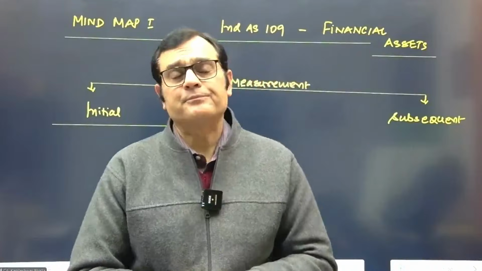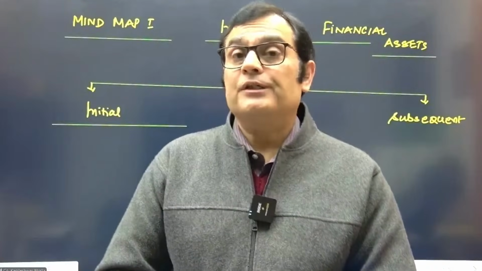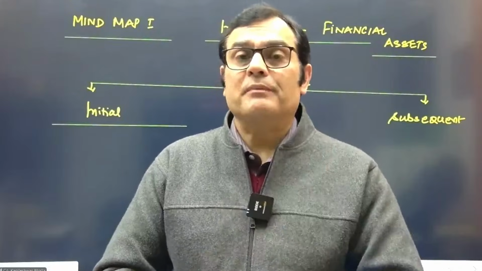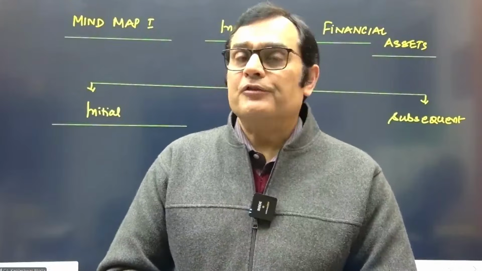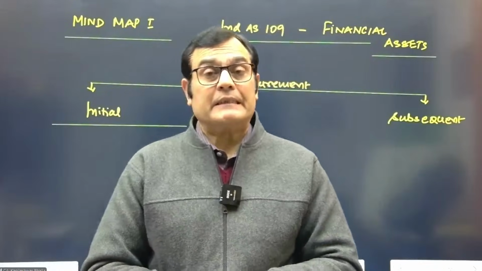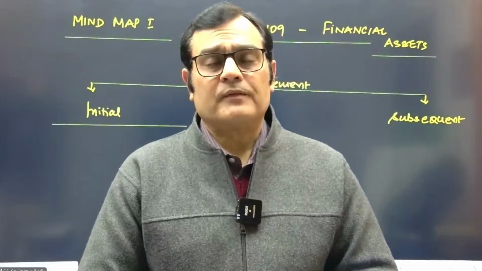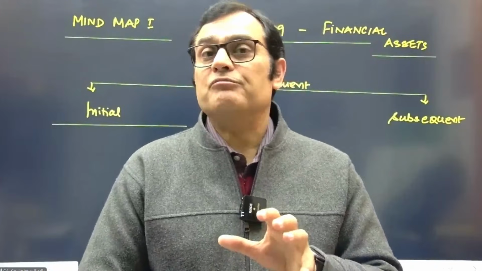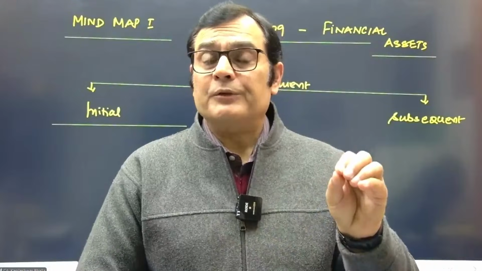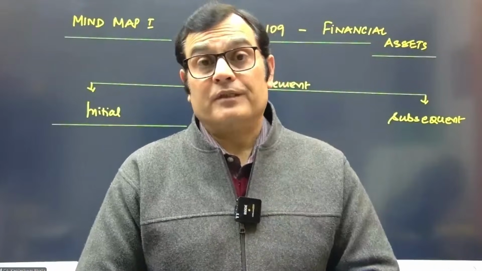The second focus point is that when you capture the financial assets at fair value, immediately it should come to your mind that if there is a difference between a transaction value, that is a transaction price, vis-a-vis the fair value, how do you tackle the difference? Because there are a couple of questions which come in the exams on the area when the transaction value and the fair value differ, then how do you take care of the difference?